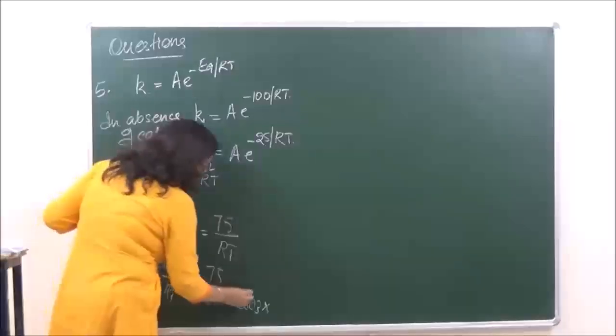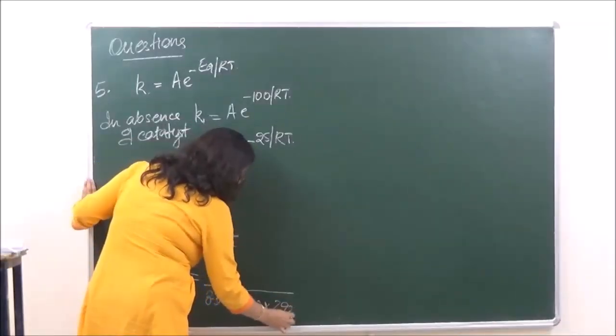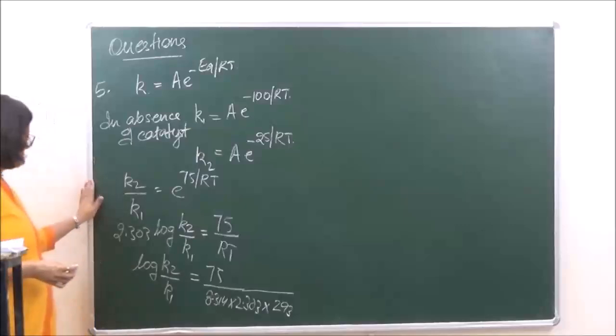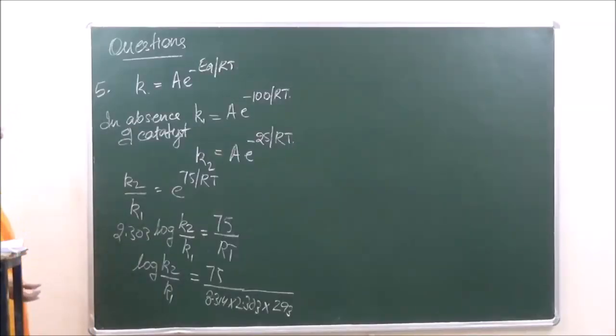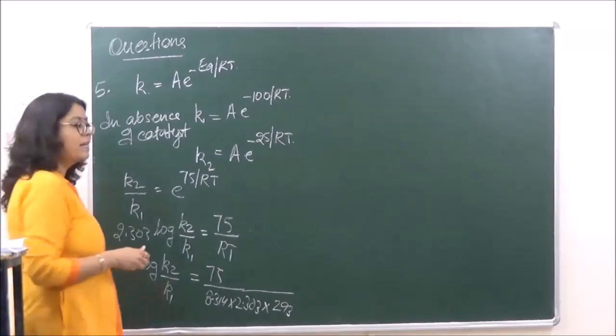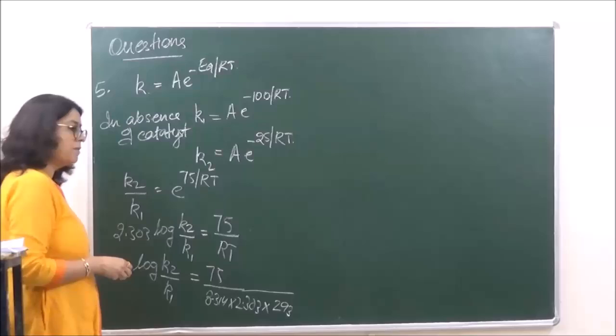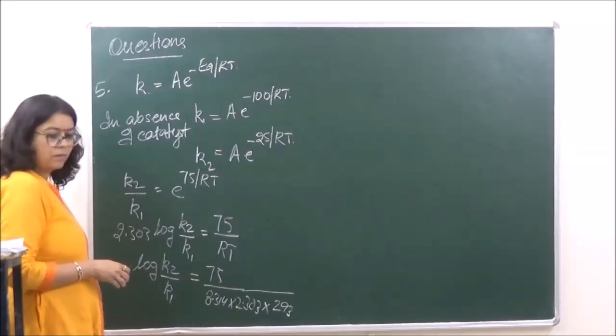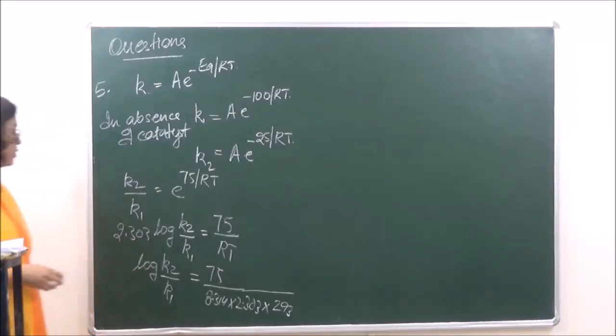So that is going to be 293. ठीक है? So log of K2 upon K1 is equal to 75 upon 8.314 into this. Now when we calculate the right hand side of the equation, that is going to come as what? Can you calculate it for me? 75 divided by 8.314 into 2.303 into 293.